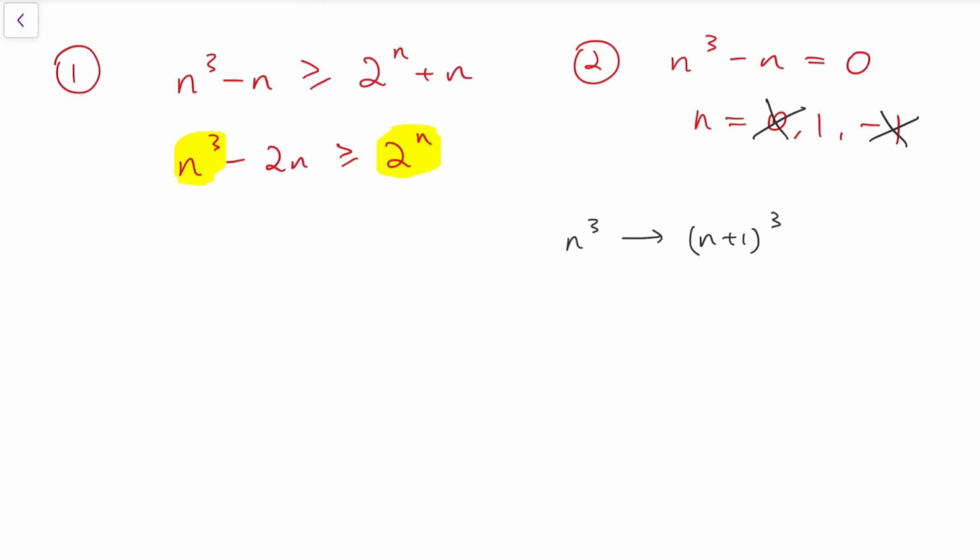The ratio of increase would be n plus 1 all divided by n, all cubed, versus for the power of 2, when n increases by 1, it will be doubled from 2 to the power n to 2 to the power n plus 1. So it multiplies by a factor of 2. And we'll always have some n that, starting from that number, when n goes larger, n plus 1 all divided by n, all cubed, would be less than 2. And that will start to happen when n is at least 10.